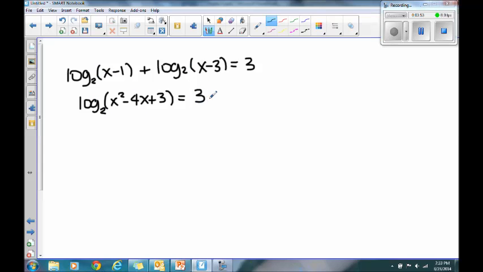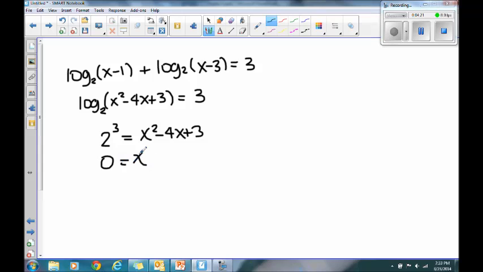So now the difference comes in the fact that there's no logarithm on this side of the equal sign, which means instead of just being able to set stuff inside equal to something over here, we had to go to our exponential form instead. So the base of this logarithm is 2, the exponent is 3, and we know 2 to the 3rd power has to be equal to the stuff inside.